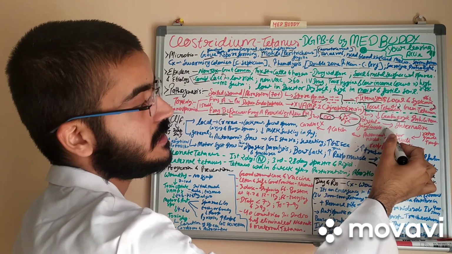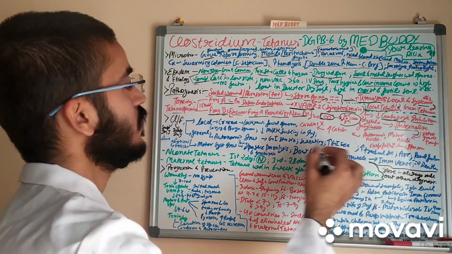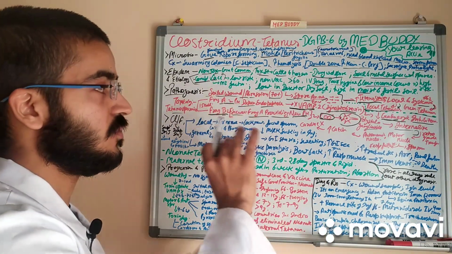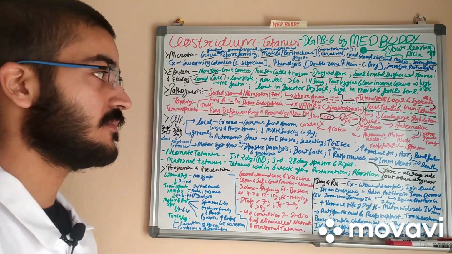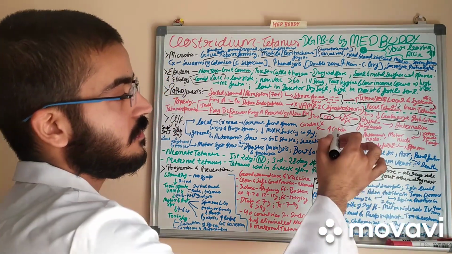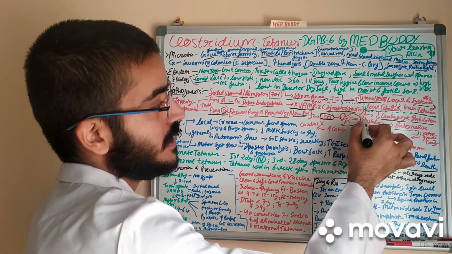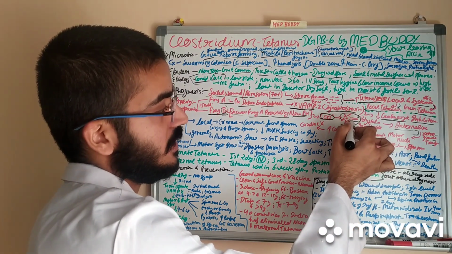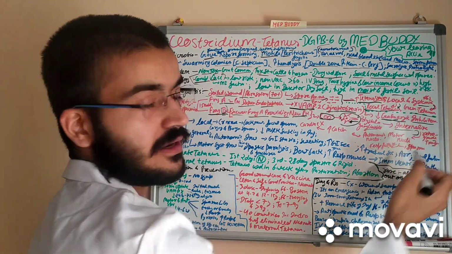There is an internalin receptor which gives entry to fragment B. Fragment B is wrapping over fragment A, so both the fragments are entering through the internalins. Which kind of entry is it? It is called retrograde transfer. How? Because fragment B will generally bind to the nerve ending, and then from the nerve ending it will reach towards the cell body. That's why we call it retrograde transfer.